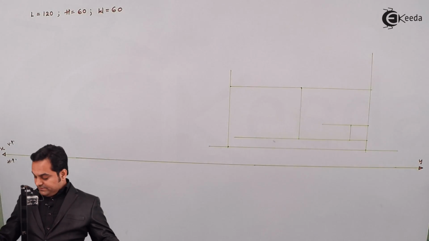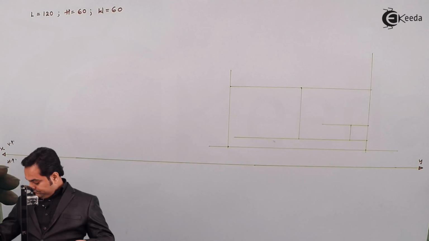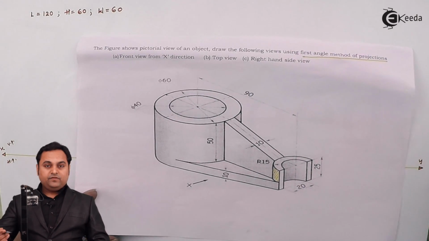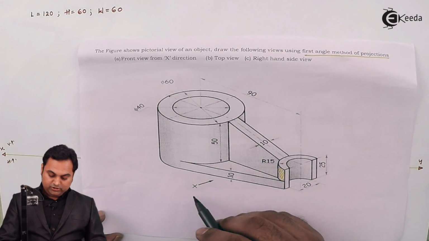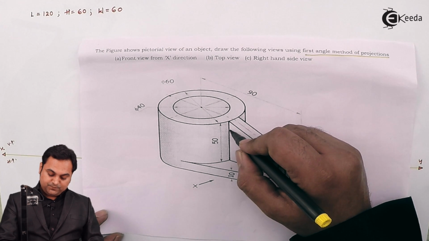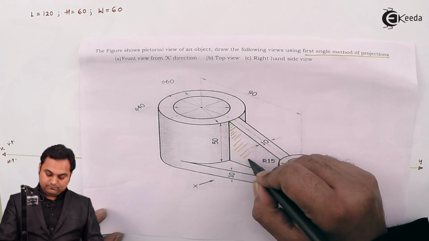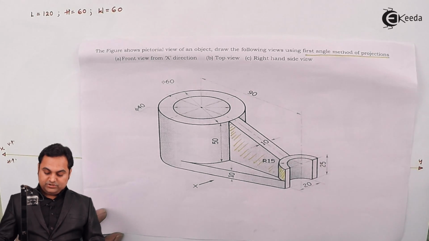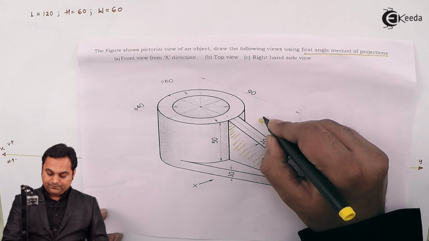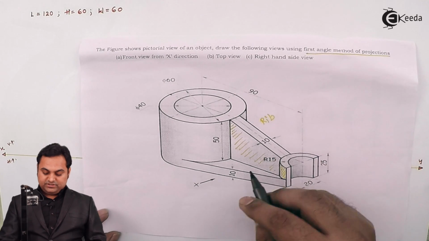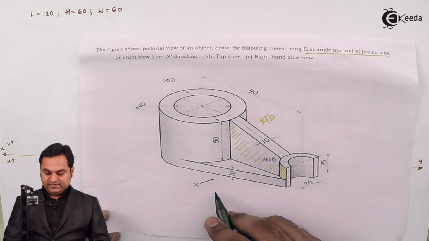Next, after getting this, here we have another part that is looking along x direction. This portion will be visible, which is called the rib. So this rib will also be seen along x direction.